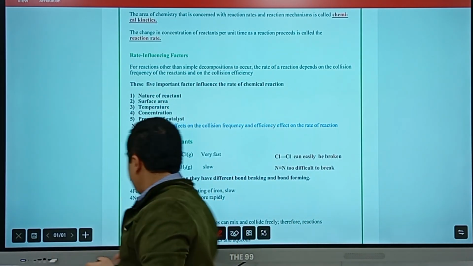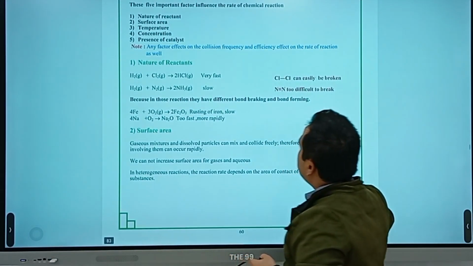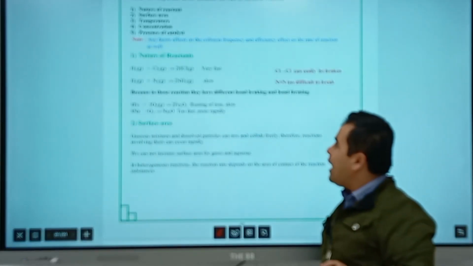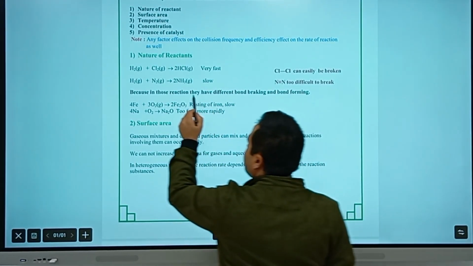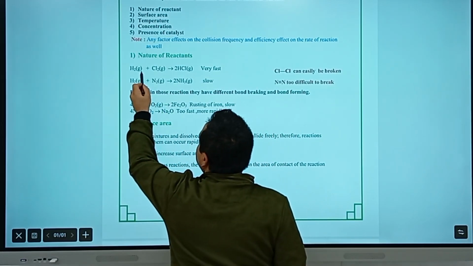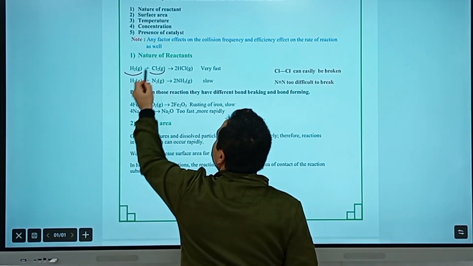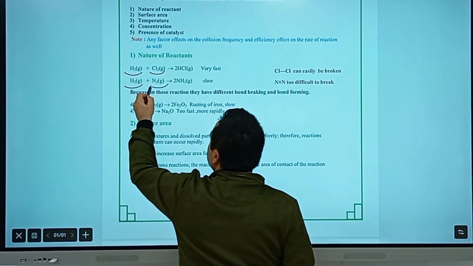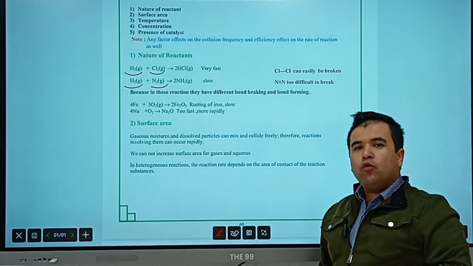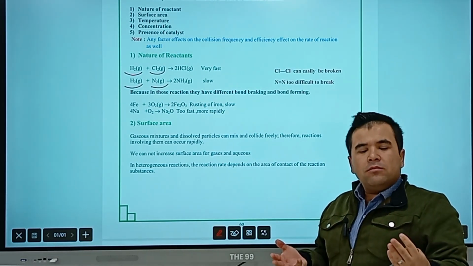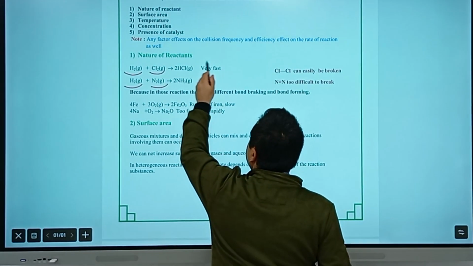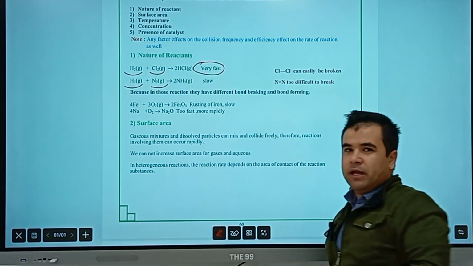Okay, guys. Let us talk about the nature of the reactant first. Have a look, guys. We have an example: hydrogen reacts with chlorine, and the same hydrogen reacts with nitrogen. When hydrogen reacts with chlorine, the reaction proceeds much faster, even vigorously, and the mechanism is very fast.